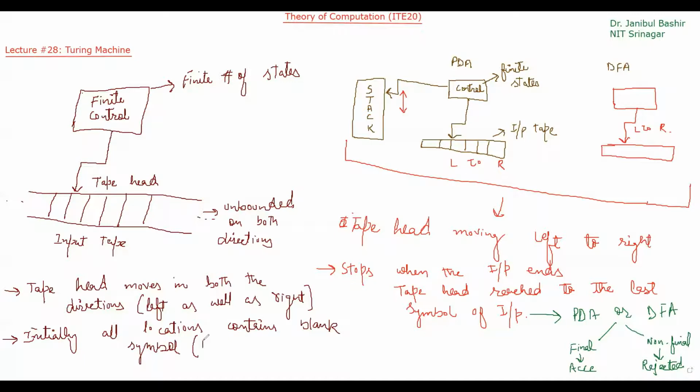We can represent the blank symbol by this, or we can represent it by dollar. So let's always use this one as the blank symbol. So initially all locations contain the blank symbol.